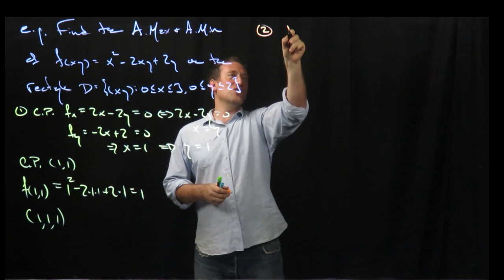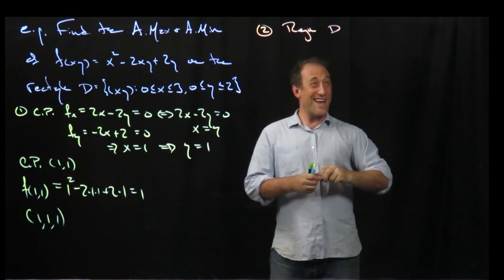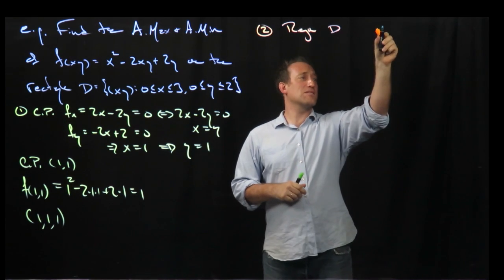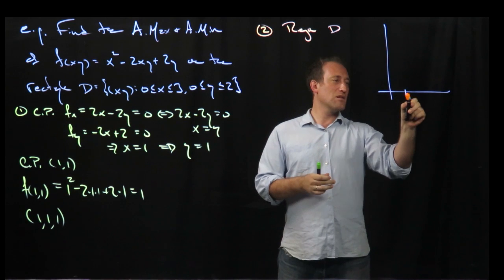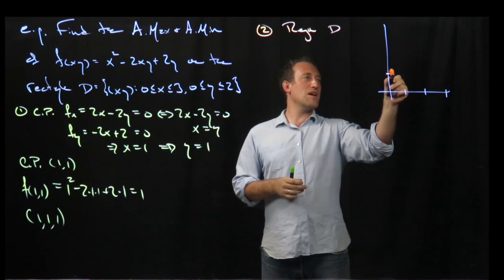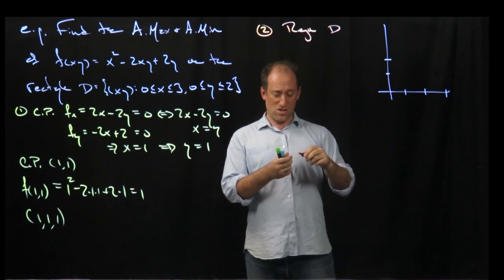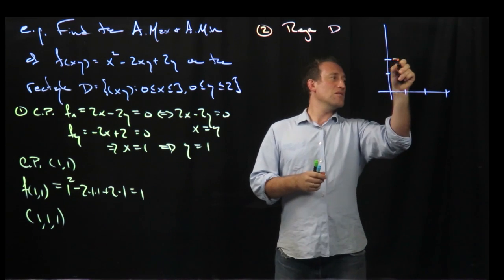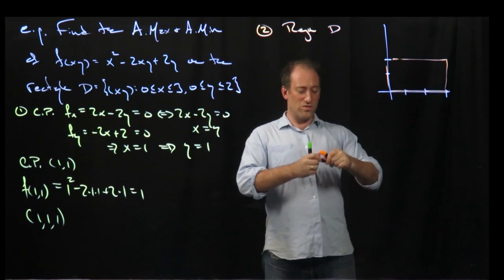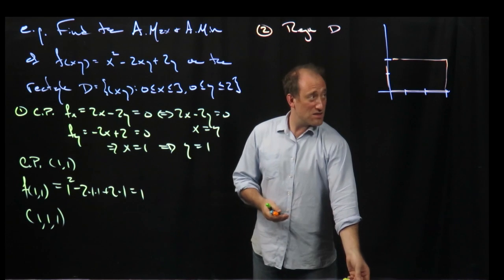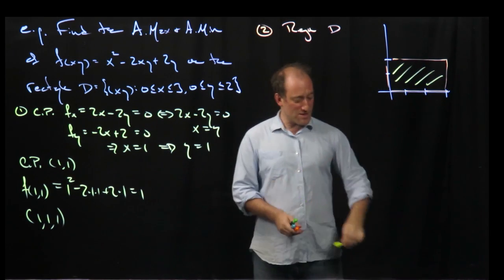The region D lies in the xy plane as a box. It's a box where x is between 0 and 3 and y is between 0 and 2. So here is the region enclosed by precisely this box.